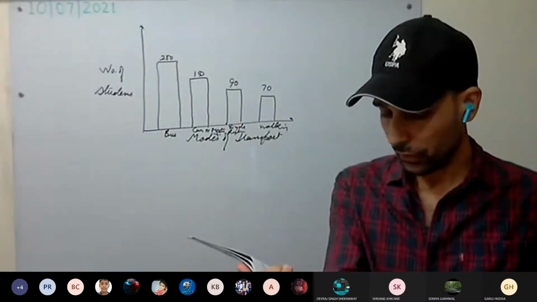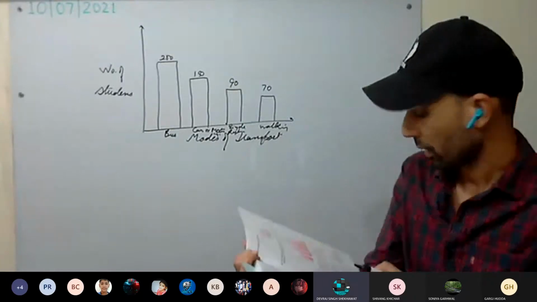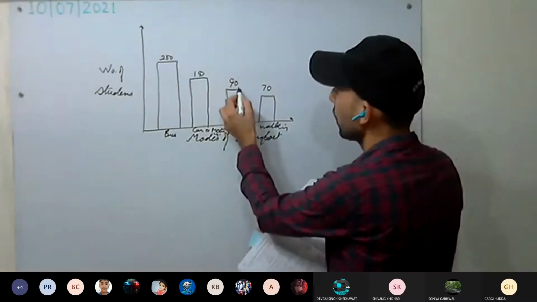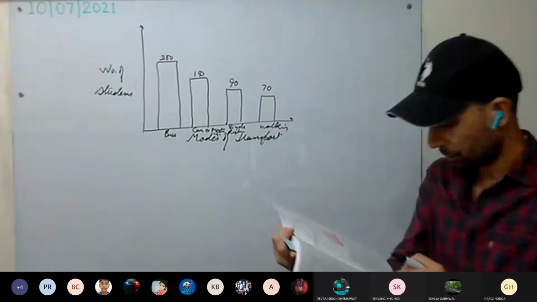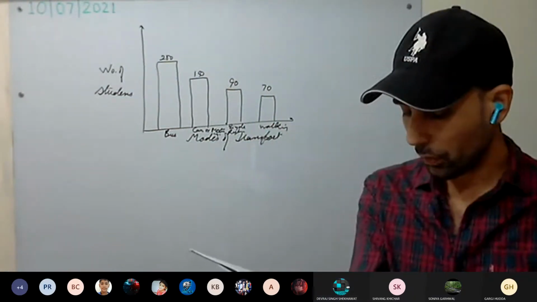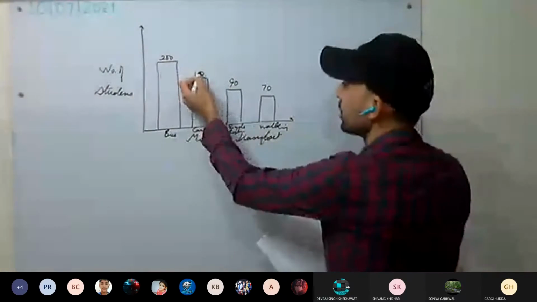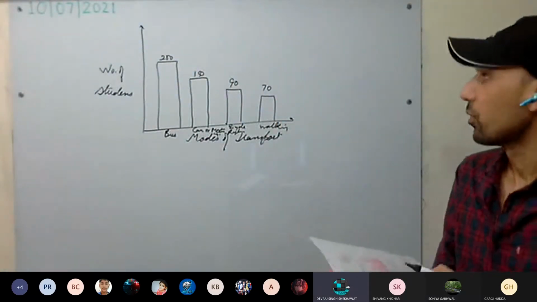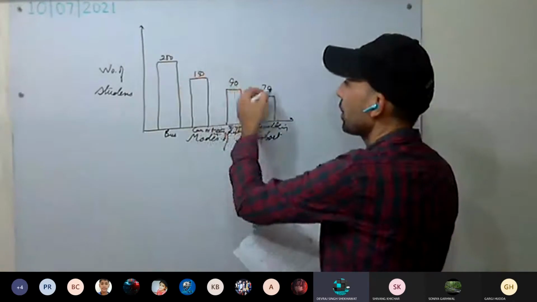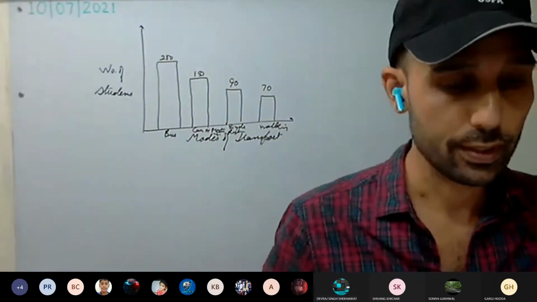Find the total number of students who cycle to school or take a rickshaw. 90. What is the total number of students in Model School? Add them all, you get 510. That is the number of students in the school.